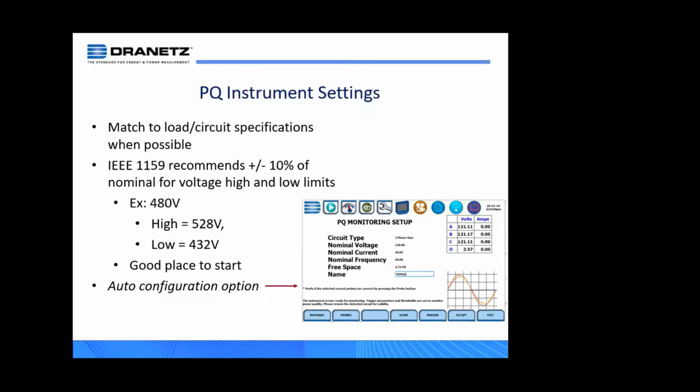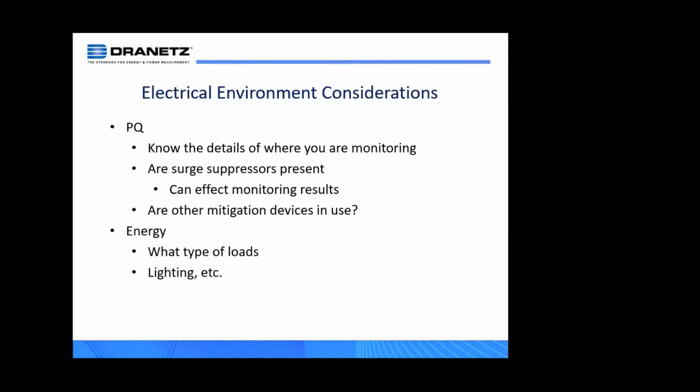For example, if our nominal system voltage is 480, then we have a tolerance window between 528 and 432. And so now you've basically told the instrument what is normal. So if we have a variation that exceeds those limits, then the instrument is going to record what we call the time of occurrence. It will record the min-max values, the duration, the waveform data, etc.